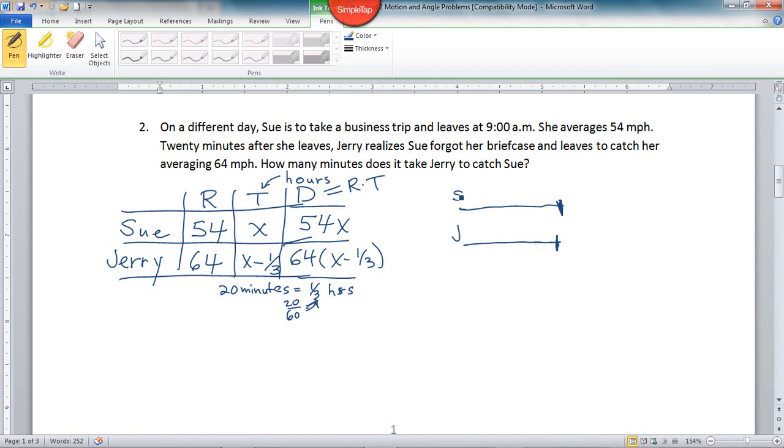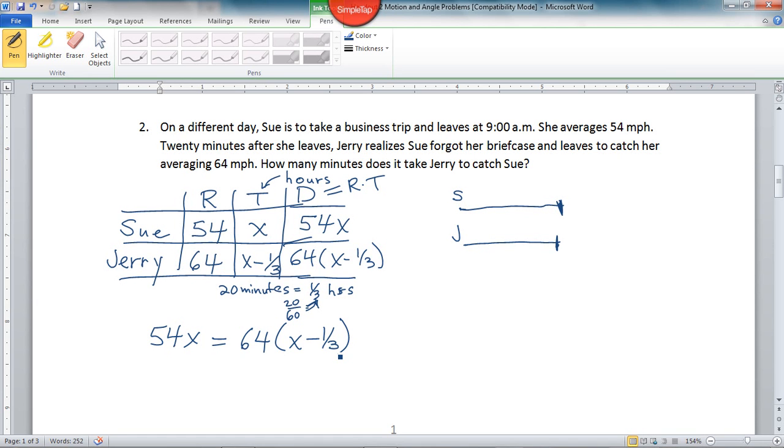That's what will happen when Jerry catches Sue. So the two distances are the same. Well, that suggests our little equation. I want Sue's distance to equal Jerry's distance. So I'm going to set those two expressions, the 54x, Sue's distance, equal to Jerry's distance, 64 times x minus 1/3. That's our equation.